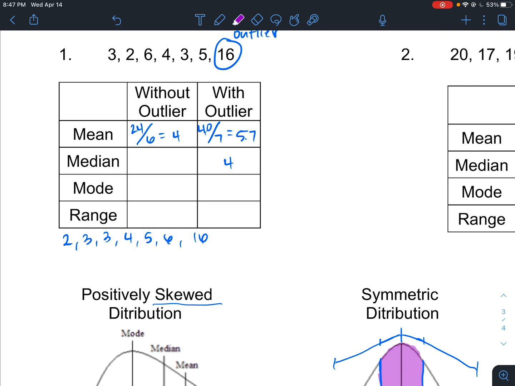Without the outlier, there are actually 2 middle numbers, 3 and 4. What this means is you take the average of these 2 numbers, what's in between them. So 4 plus 3 equals 7, divided by 2 is 3.5. So that would be the median here.